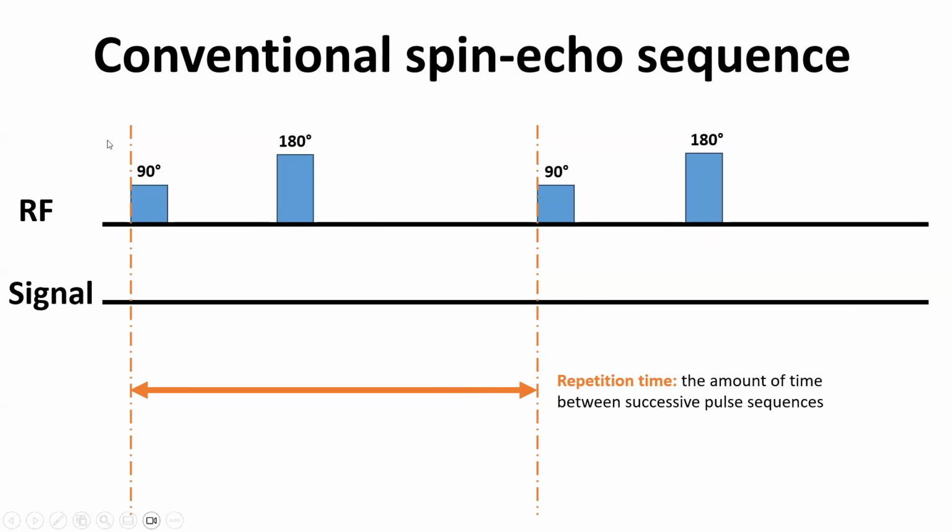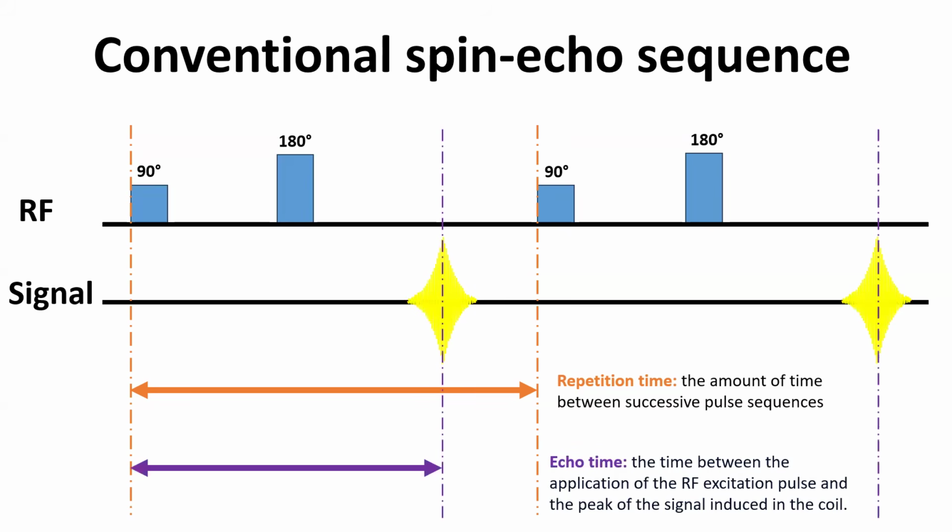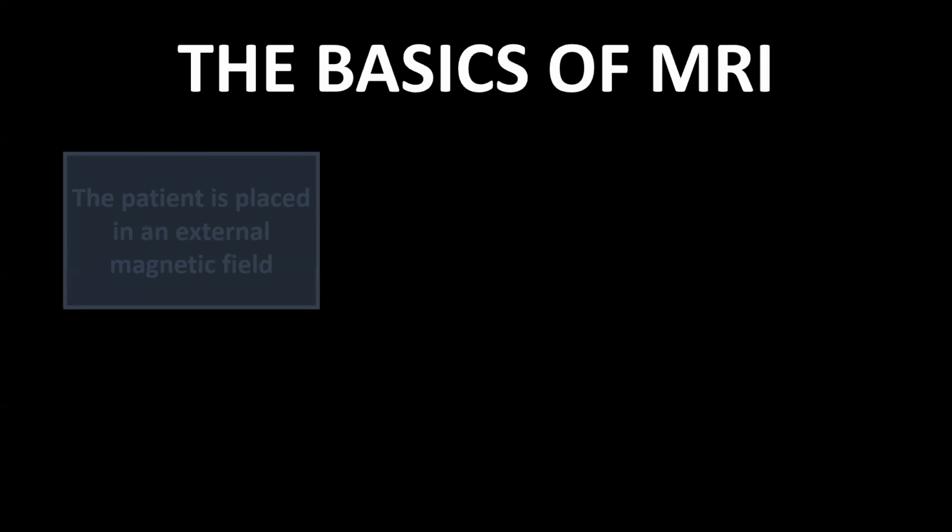We call the 90 degrees, 180 degrees radio frequency pulse a pulse sequence. There are a lot of variations on it, but it's called a pulse sequence, and the repetition time is the time between the pulse sequences. And this is the spin echo signal, and as already said, the echo time is the time between the 90 degrees radio frequency pulse and the center of the spin echo.